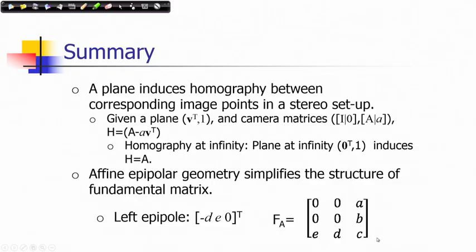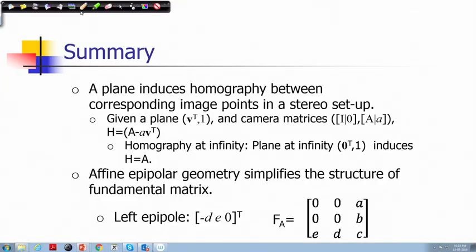And there also we are having the same confusion. The epipole F A, minus B A 0, which is the left epipole, should actually be the right epipole, and similarly minus D E 0, which is actually the right, should be the left.